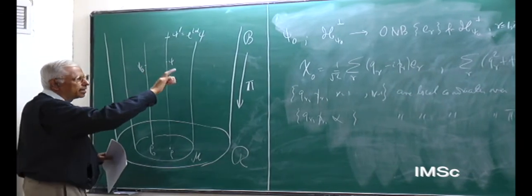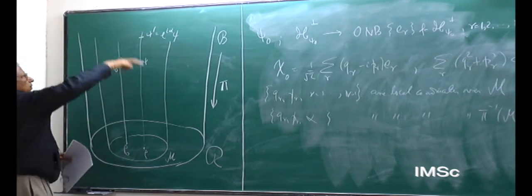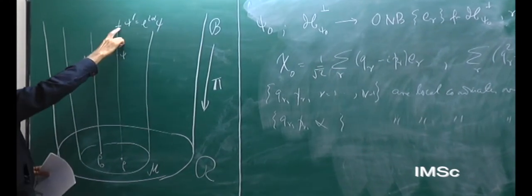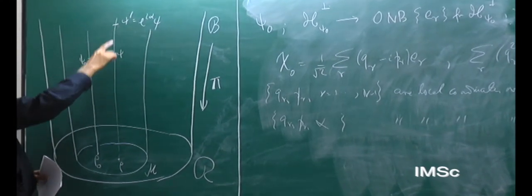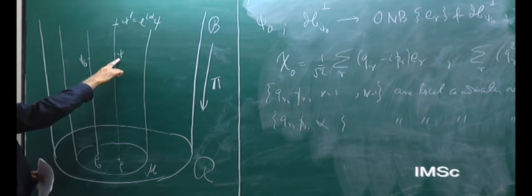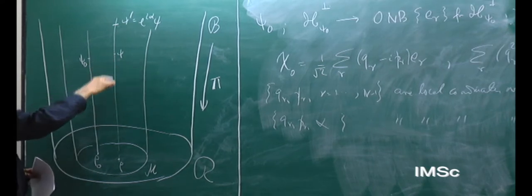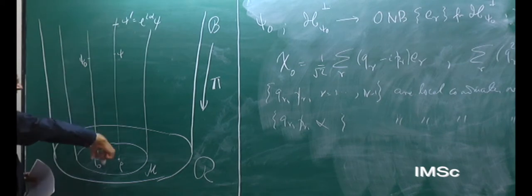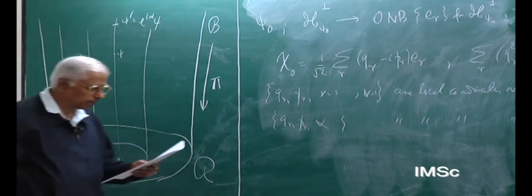I want to show you what A looks like at a general point up here. And the general point here is this psi prime. It's not psi. Psi is a carefully chosen representative of each ray. It is chosen so that it is in phase with psi naught in the Pancharatnam sense. So the general point I'm dealing with is psi prime.